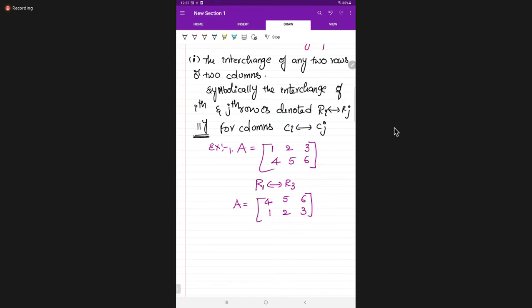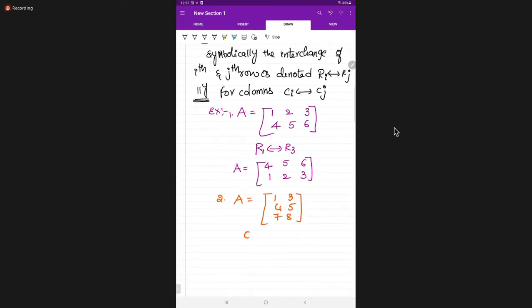Now, second example. Capital A is equal to 1, 3, 4, 7, 8, 9, 0, -1.